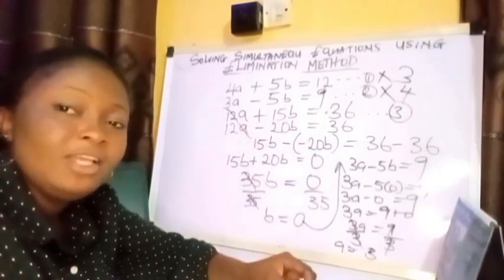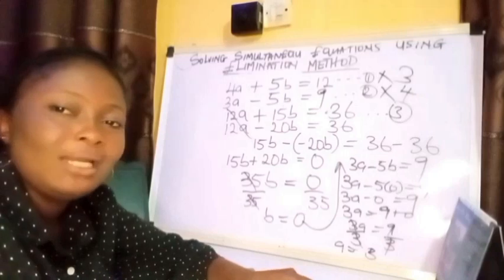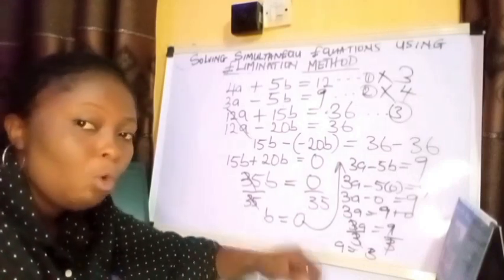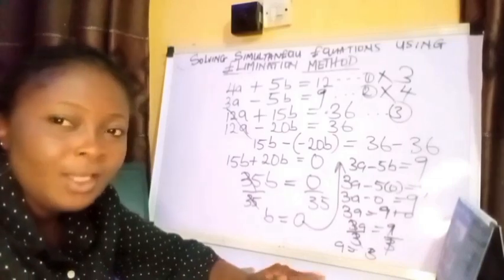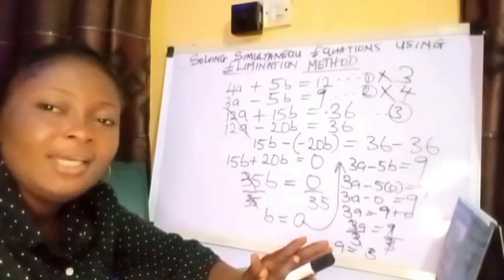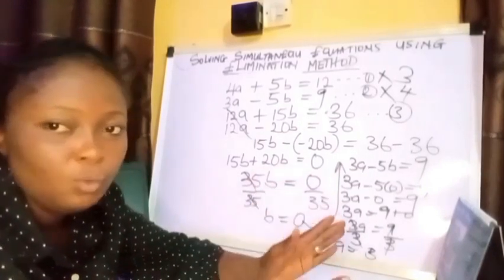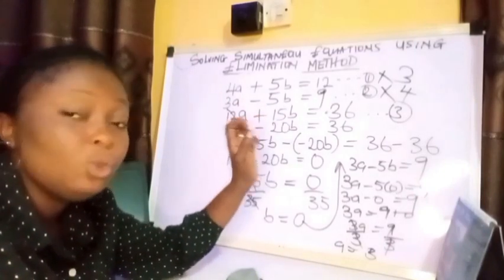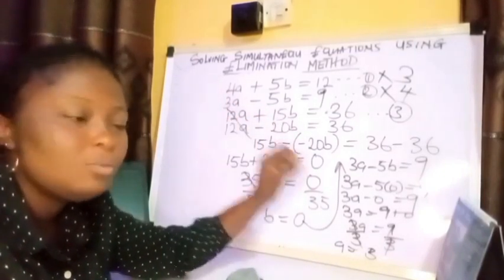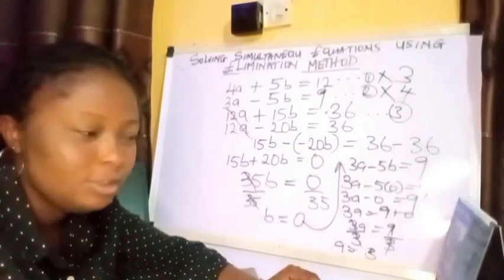But if A is positive in equation 1 and negative in equation 2, or negative in equation 1 and positive in equation 2, it means that their signs are different, and you will add the equations. Those are the 3 points that you need to know while solving simultaneous equations using the elimination method.